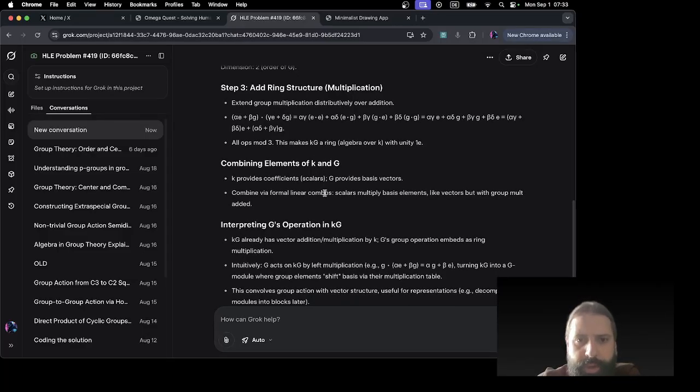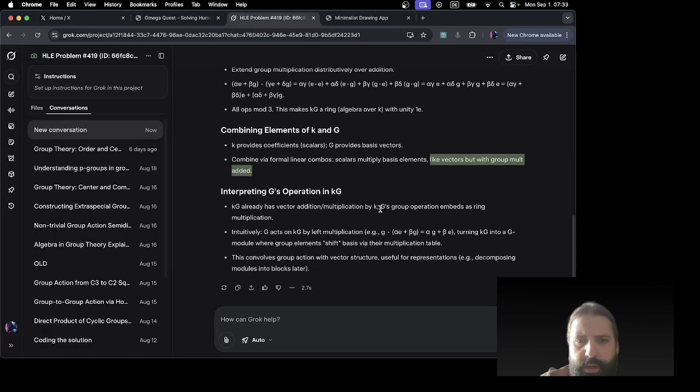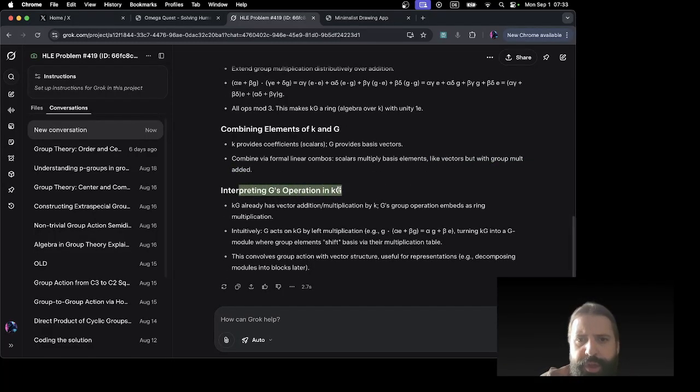Then we have combining elements of K and G. K provides coefficients. Combos. Not so sure what it means, like vectors, but with group multiplication added. Interpreting G's operation in KG. KG already has vector addition and multiplication by K. G's group operation embeds as ring multiplication. What?